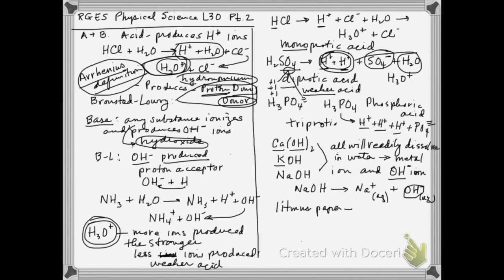It's producing OH minuses, okay, hydroxide ions, and the litmus paper will turn blue or pink depending on the amount of acid or base. So that's what you use to check out if something is basic or acidic.